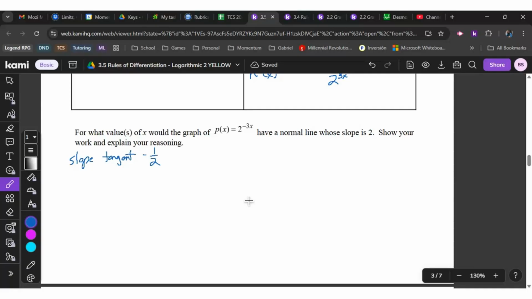That's the only real difference, okay? So we're going to find this. Our p prime of x is going to be the derivative of the exponent, negative 3, times the original, 2 to the negative 3x, times natural logarithm of the base. And now I'm going to take that and make it equal to negative 1/2.